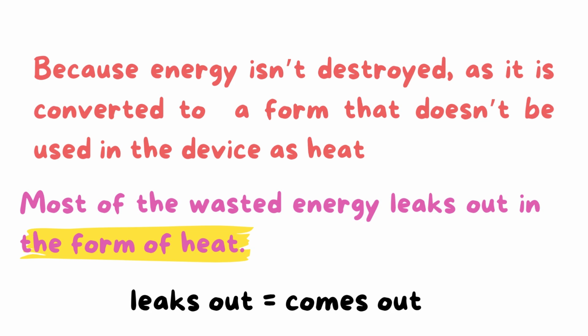Okay, I hope this point is clear. So because energy isn't destroyed, it is converted to a form that isn't used in the device, such as heat. Most of the wasted energy leaks out. What's the meaning of leaks out? Comes out, in the form of heat.